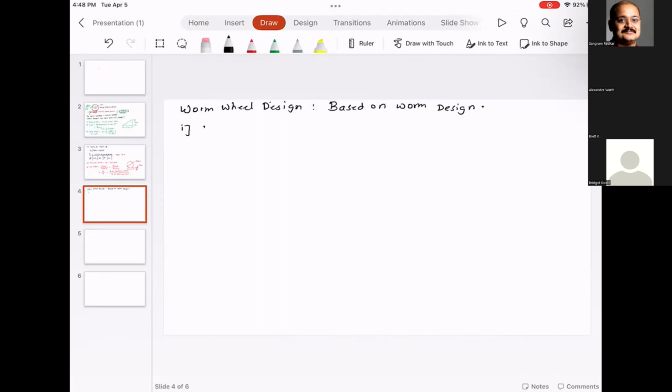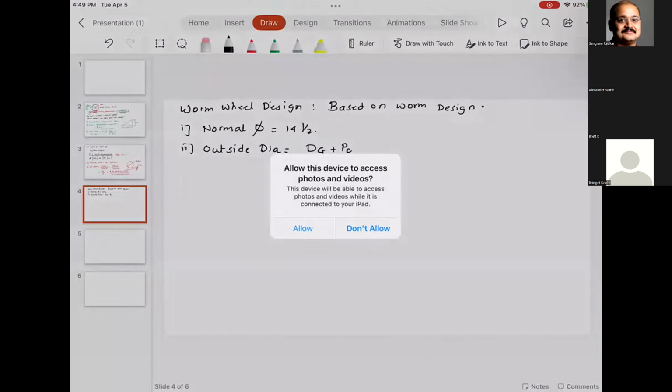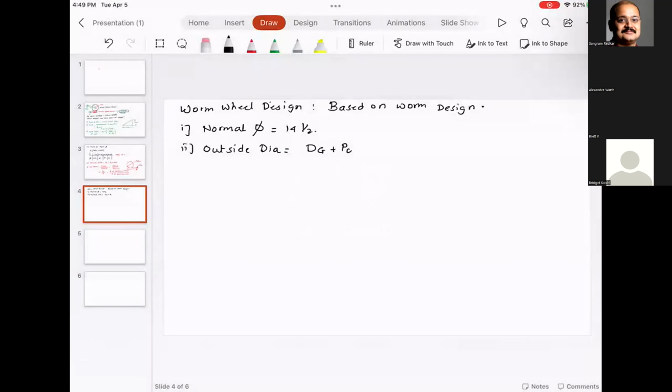So say you have normal pressure angle, which is typically 14.5. You are going to have outside diameter, which is usually dg plus PC, where PC is circular pitch. Then you would have something called the throat diameter.